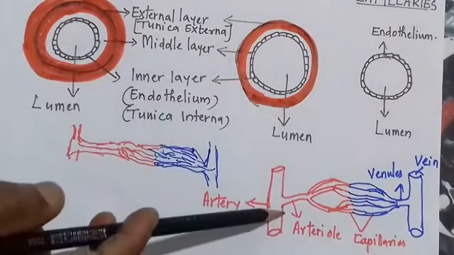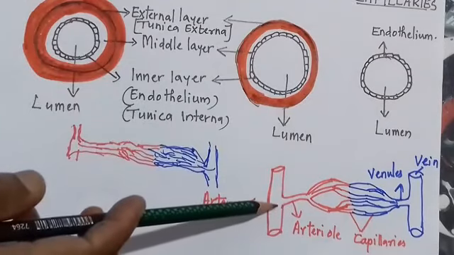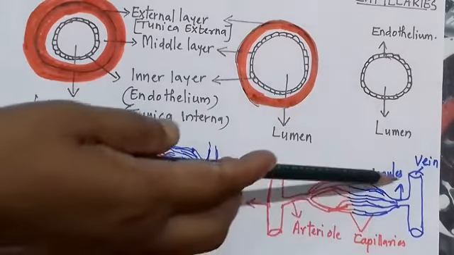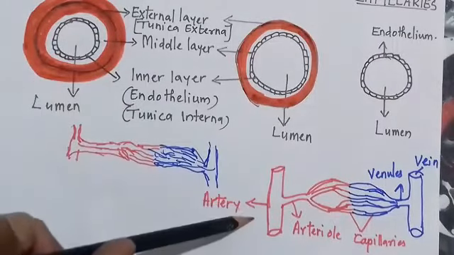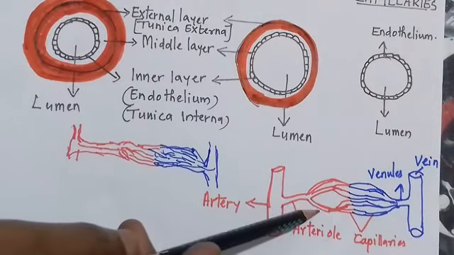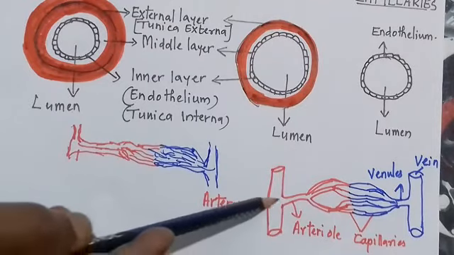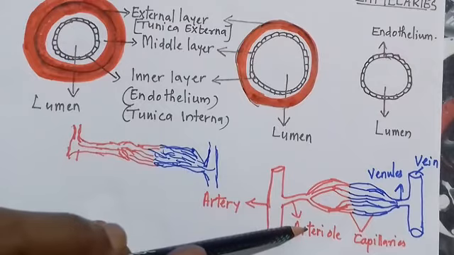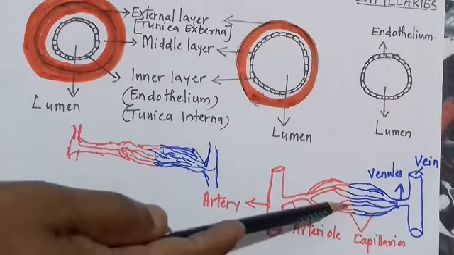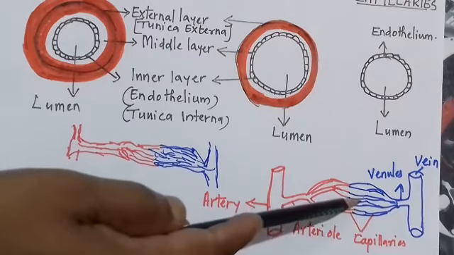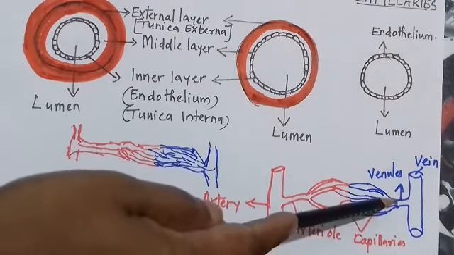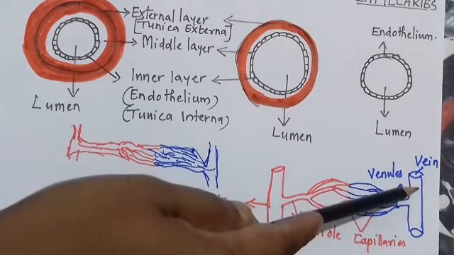Here you can see the relationship between artery, arteriole, capillaries, venules and vein. Arteries progressively branch; an artery branches to form arterioles, and these arterioles enter the capillaries. Capillaries join to form venules, and venules form veins.